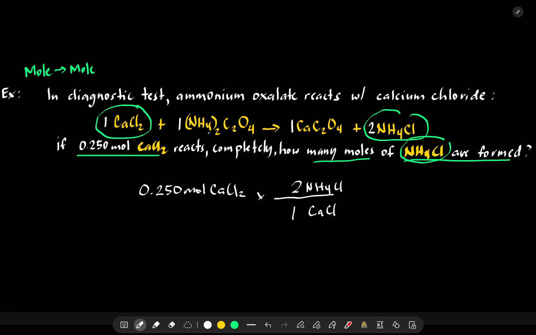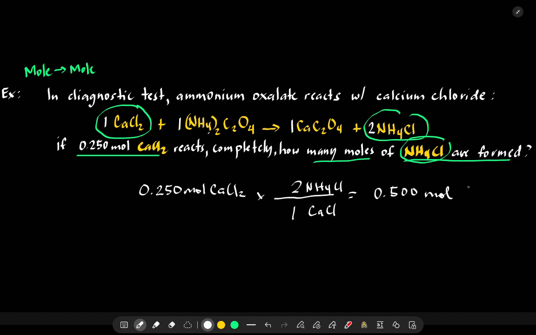Okay? Then, go ahead and multiply lang po. Since ito naman pong nasa bottom ay 1, wala naman po siyang epekto sa ating pagsosolve. Bale, imumultiply nyo lang sa 2. So, ang 0.250, pag minultiply natin sa 2, we have 0.500 mole, or 0.5. Pwede naman 0.5 na lang.